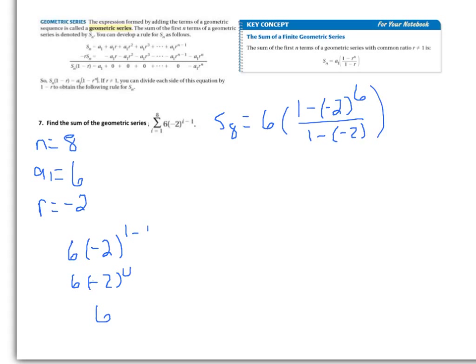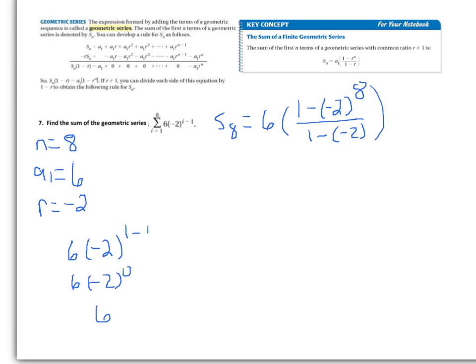Be careful, do not change that negative 2 to plus 2, because you have to do the exponent before you do addition.